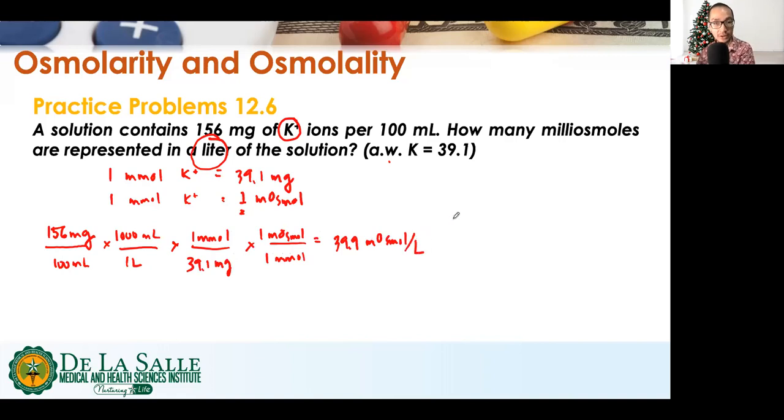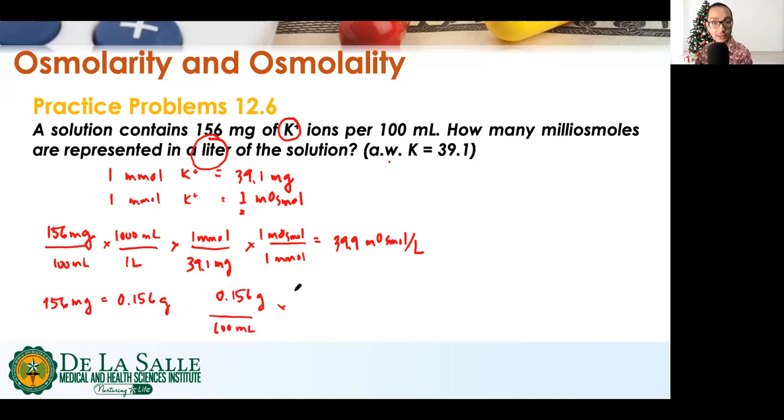Of course, you can still use our formula. But if you will be using our formula, make sure that the weight is in 1 liter. So 156 milligrams are equivalent to 0.156 gram, contained in 100 milliliters.